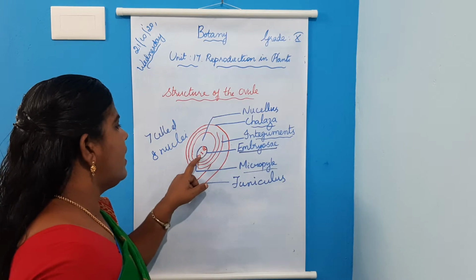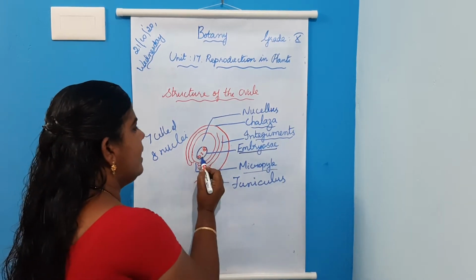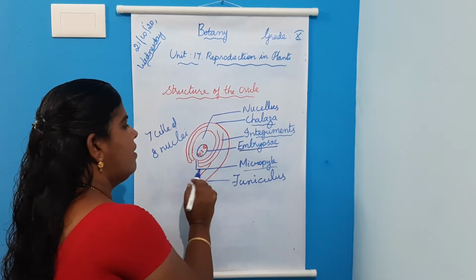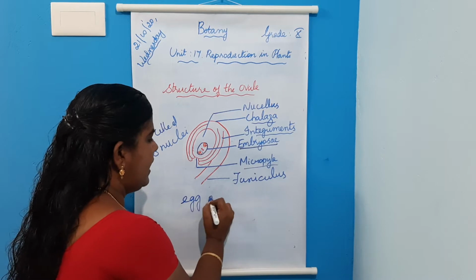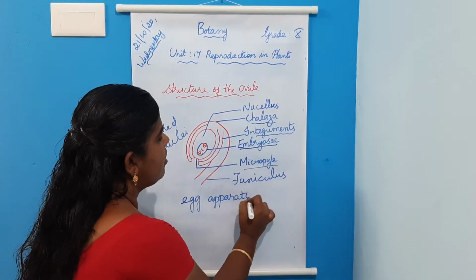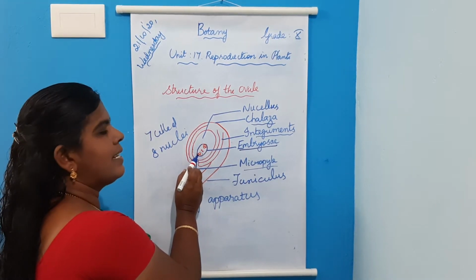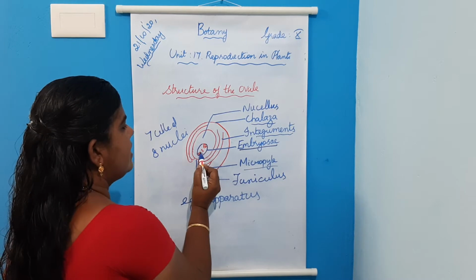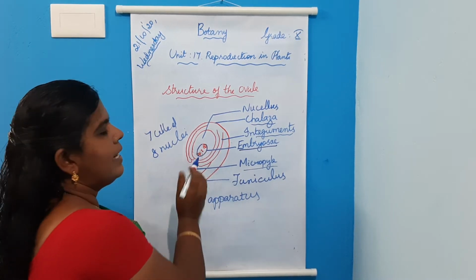The embryo sac contains 7 cells and 8 nuclei. Three nuclei near the micropyle are called the egg apparatus. The egg apparatus contains an egg cell, which is the female gamete, and 2 synergids.